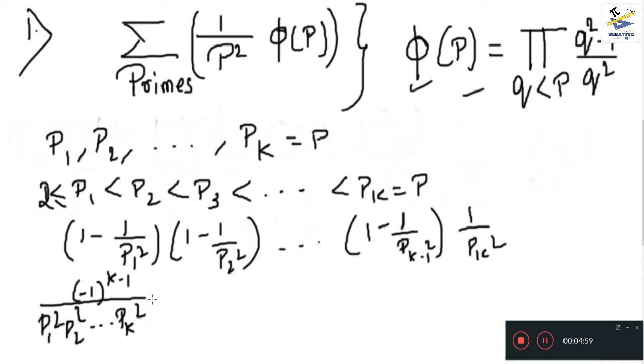So every term would be of this form, in alternating versions, sum of all the terms. We don't mean to say every term looks like this, but it's just a version. Now this should be our product.